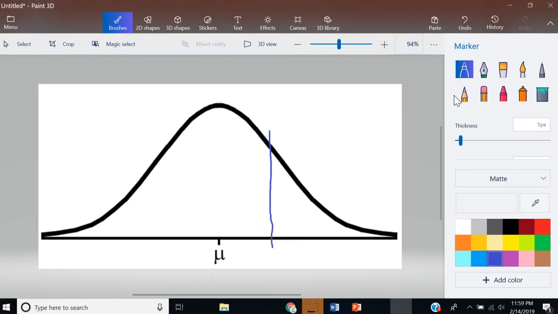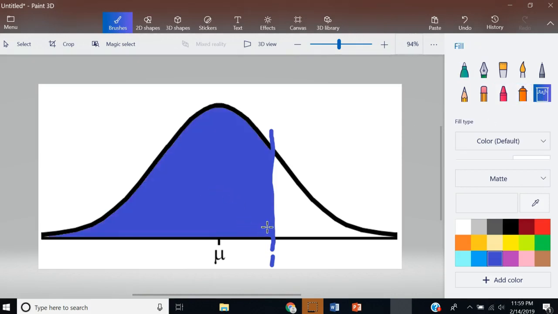So there's 1, okay? Now when we say less than 1, basically what we're doing is we're saying anything from that point all the way to the left. Now how far does this go to the left? Well, it goes to negative infinity.